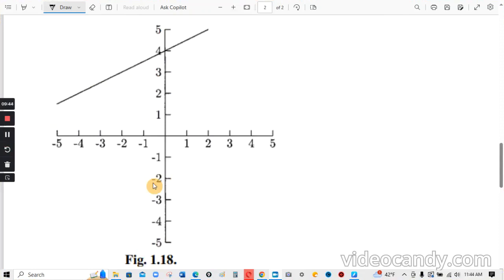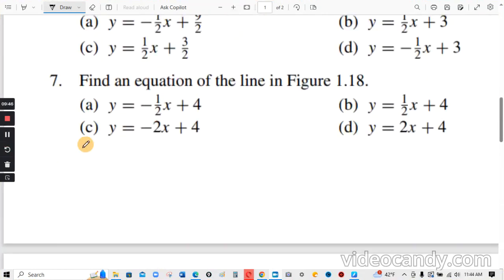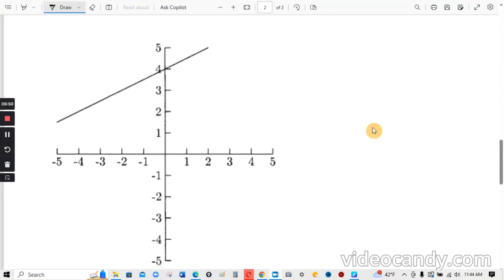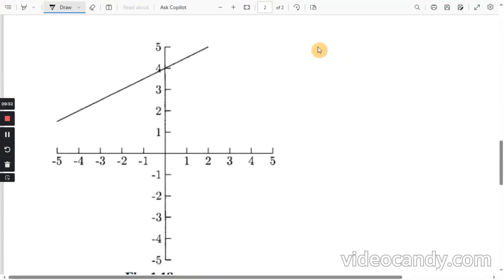Notice their choices are all in the form of y equals. All right, so we definitely need to write y equals mx plus b. And let's see, if we were to calculate the slope m, see if we can do that here.